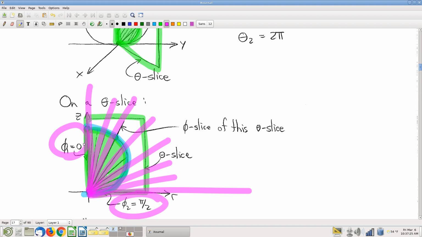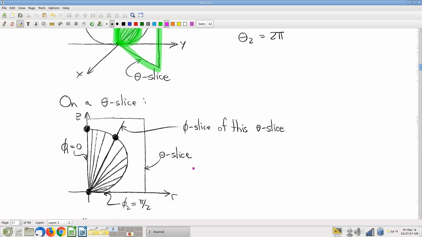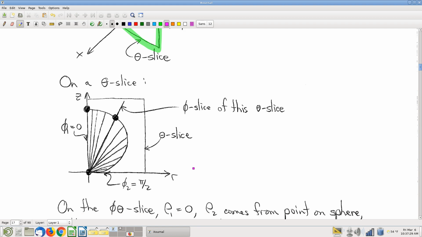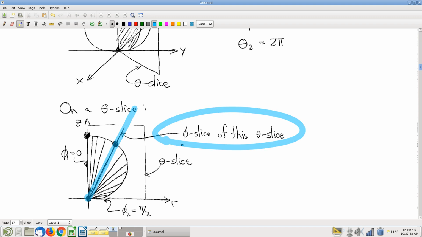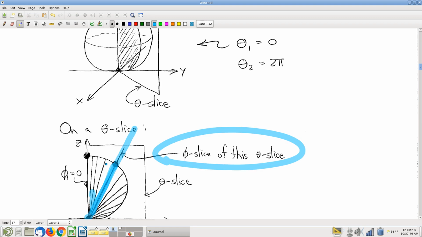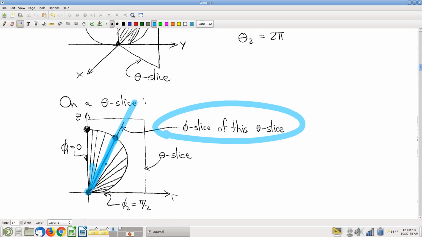All right. Okay, so lastly, we've got to figure out what our rho bounds are. Here is a phi slice, specifically a phi slice of our theta slice. You can see where that intersection is.